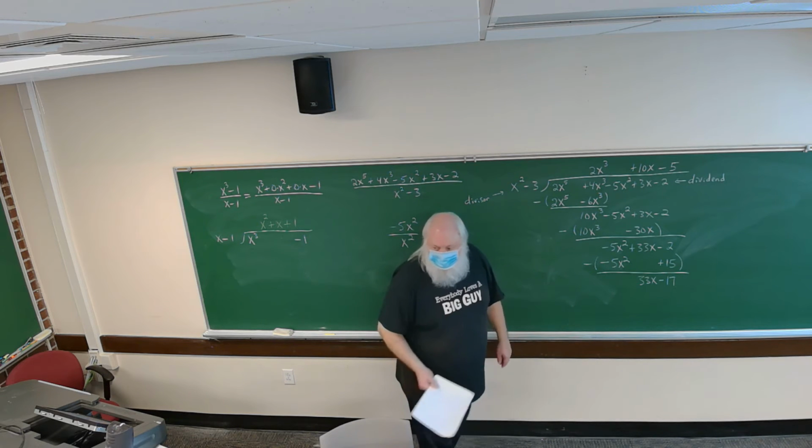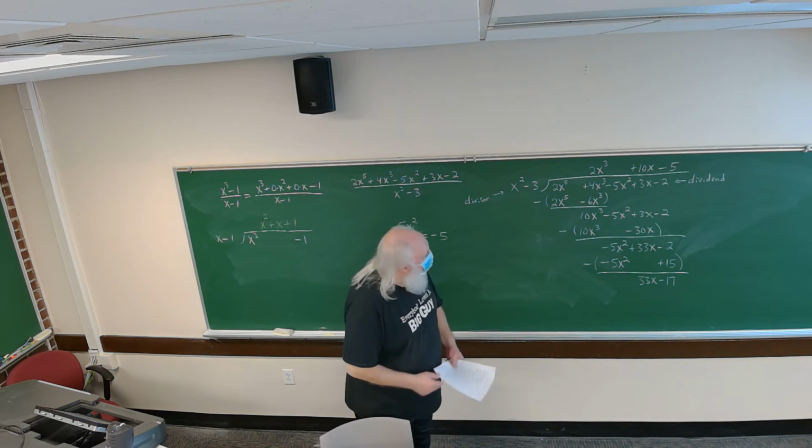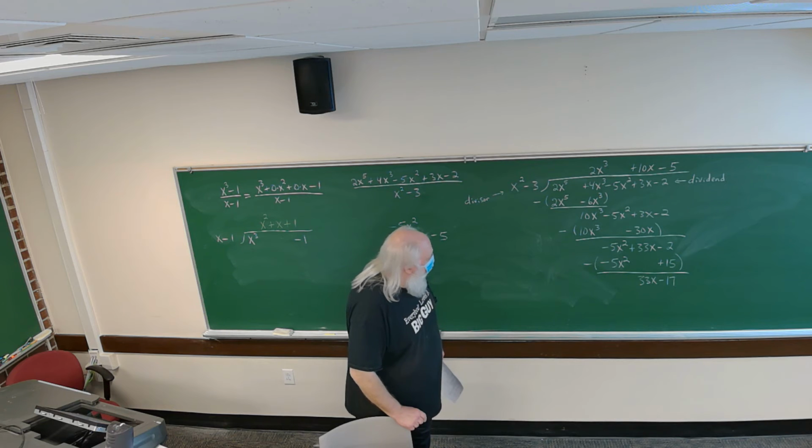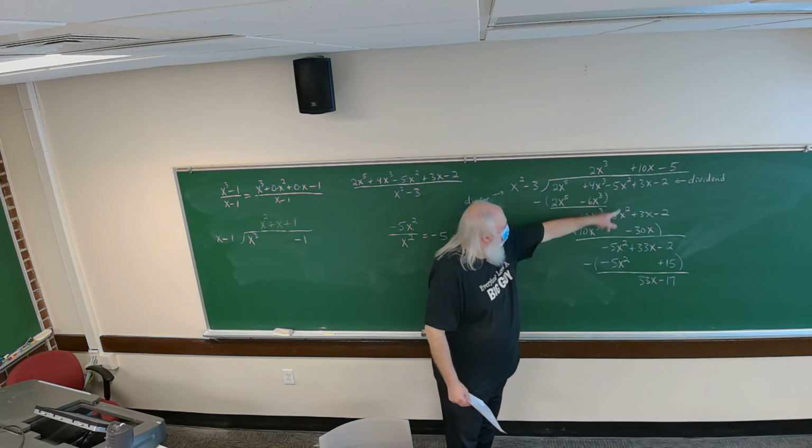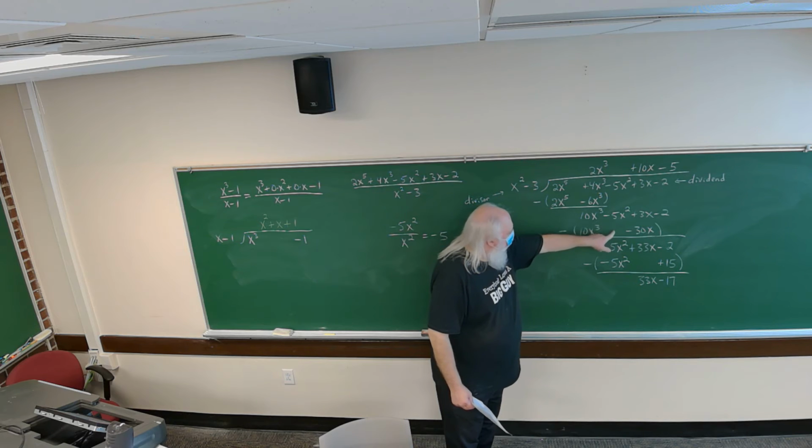Yes, sir. So why did you skip the negative 5x squared? Where? Up here? No, down. Yeah, right there. What do you mean, skip it? Minus 5x squared minus 0 is minus 5x squared.